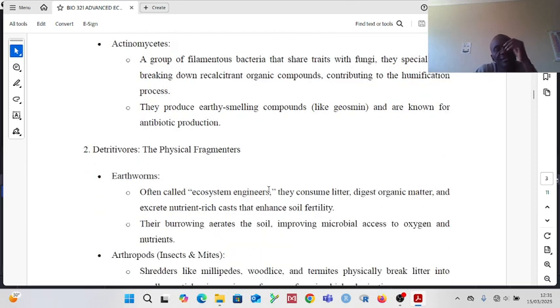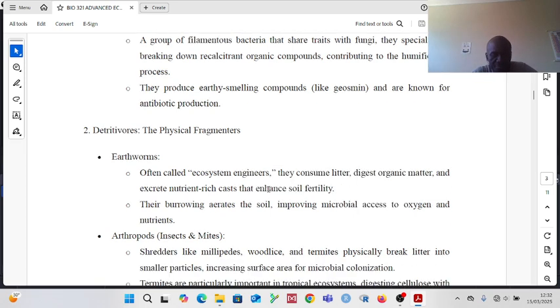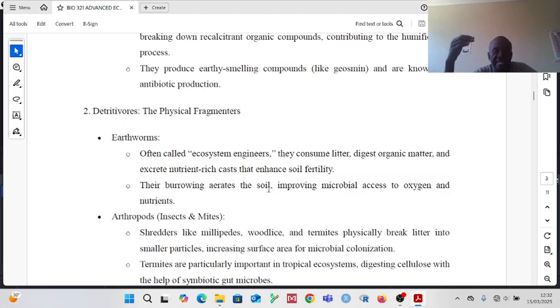The second category are the physical fragmenters. You are talking of things like earthworms, insects. These are the detritivores. Earthworms will consume the litter. They will digest the organic matter. Then whatever they excrete after consuming and digesting the litter is nutrient-rich.